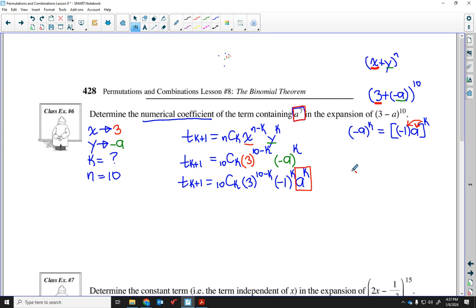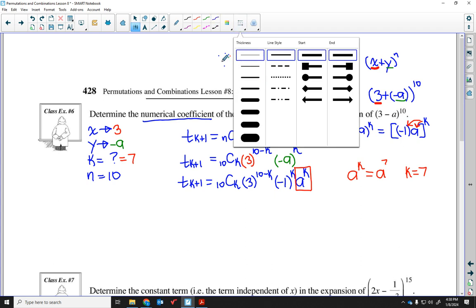So the one part of this equation that has a in it is a to the power of k. We're trying to find a term that has a to the power of 7, so that immediately tells you that the value of k has to be equal to 7.